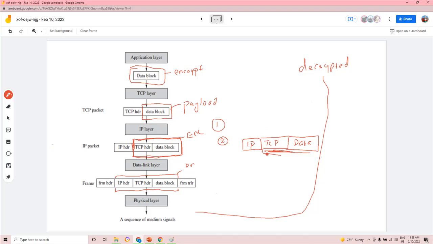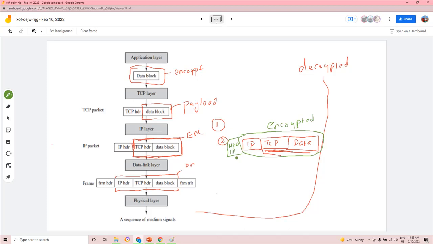The second option is that the entire IP packet, including the IP header, will be encrypted. If the entire packet is encrypted, a new IP header will be attached.